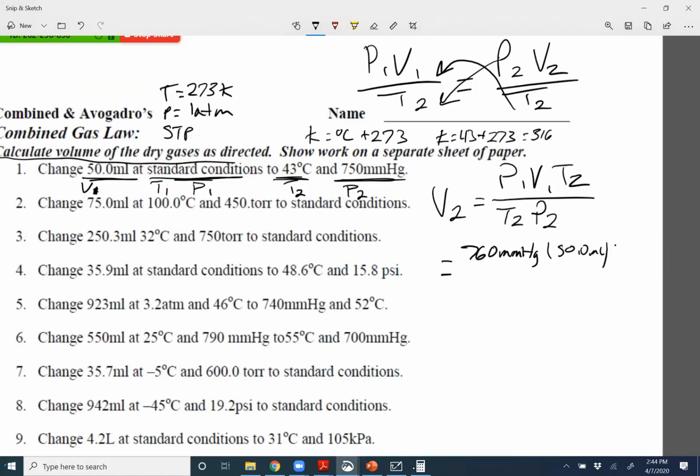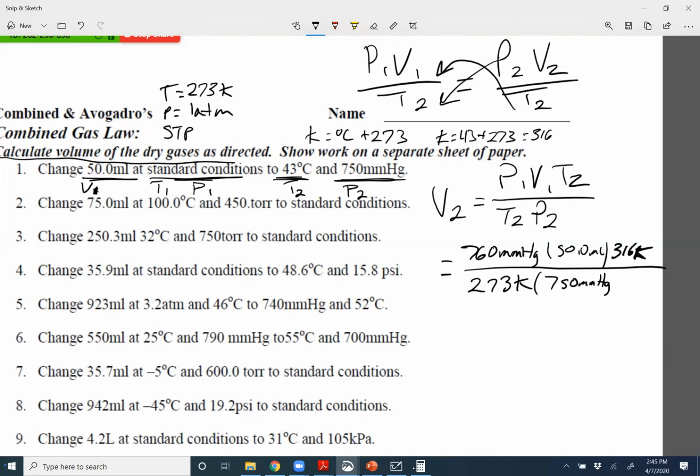So then we have 316 Kelvin. Now we're going to divide that by temperature 1, which is 273 Kelvin, and we're going to multiply that by pressure 2, which is the 750 mmHg.